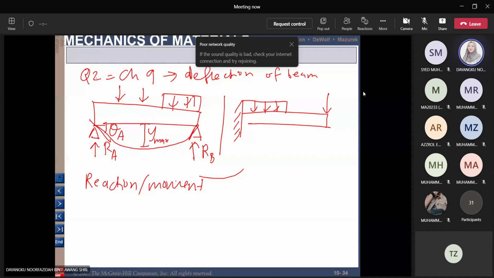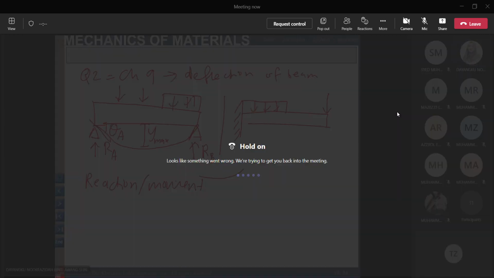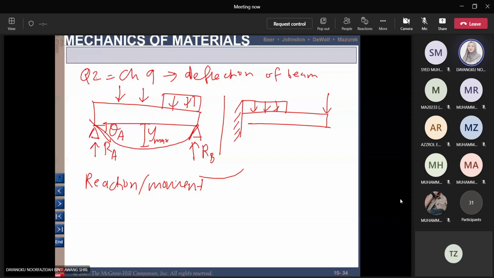For multiple loading, the superposition graph is given, so don't worry. You will have the table for the superposition, or you can use the moment area theorem. Between these two, choose whichever one is comfortable to you.